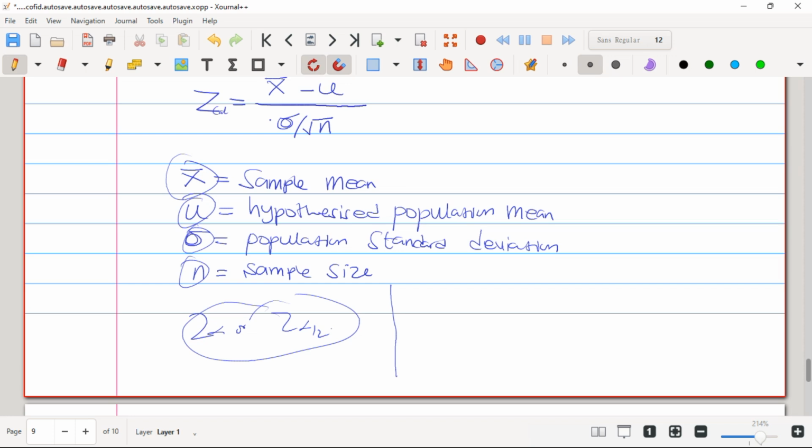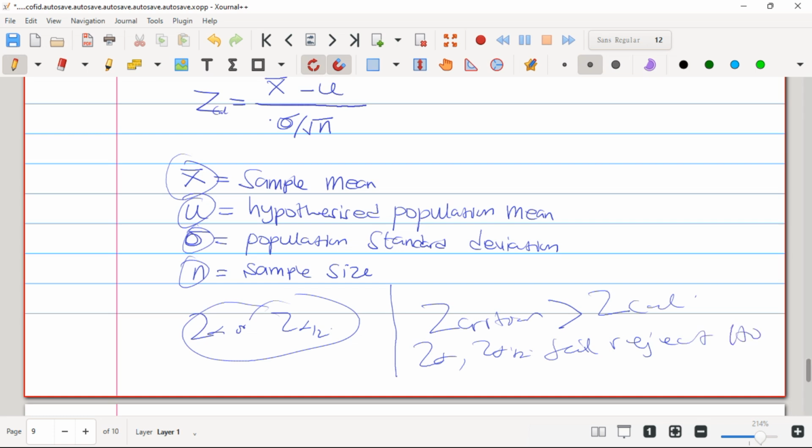We are saying that if our Z critical, which contains Z subscript alpha and Z subscript alpha divided by 2, is greater than our Z calculated, we are going to fail to reject H0, right?